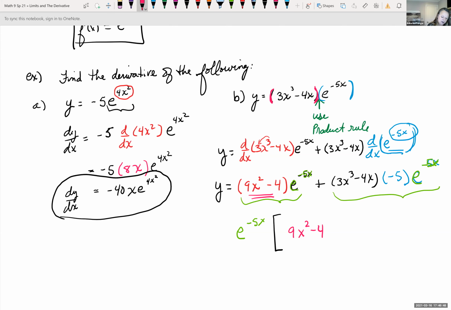If we pulled it out of the second piece, we're going to have this left. So we'll have this plus parentheses 3x cubed minus 4x times this negative 5 bracket.